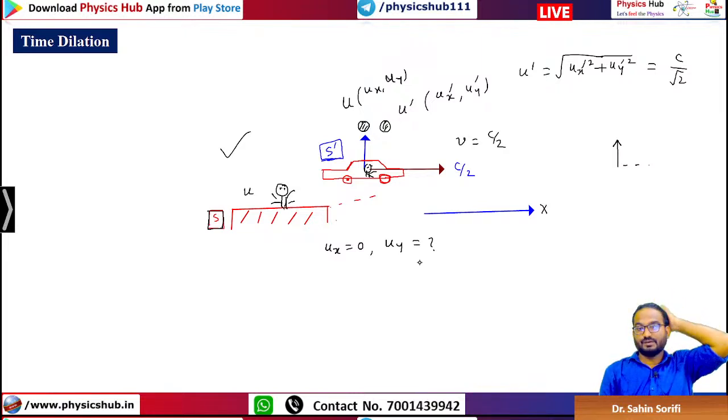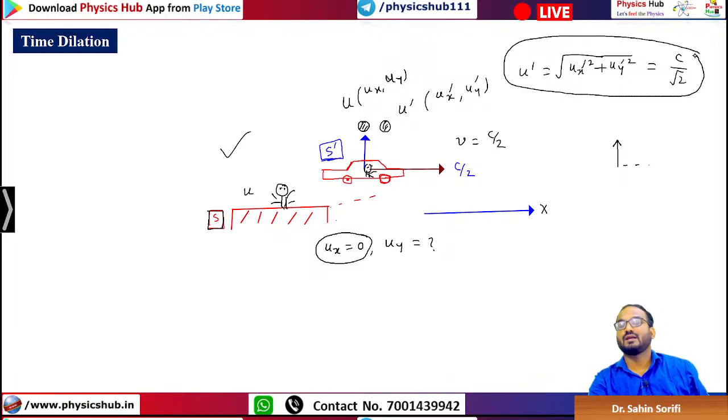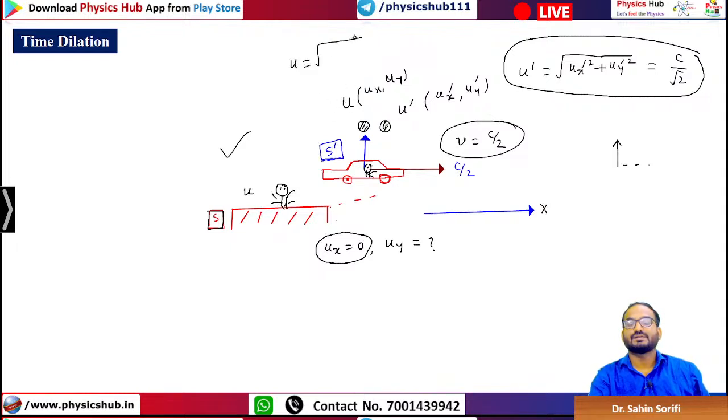Now how many things are given? You are given ux is equal to 0 and u prime is equal to c by root 2. These two things are given along with the speed of the car with respect to ground, meaning v. These three things are given. Now you have been asked what is u, meaning what is root over ux square plus uy square.